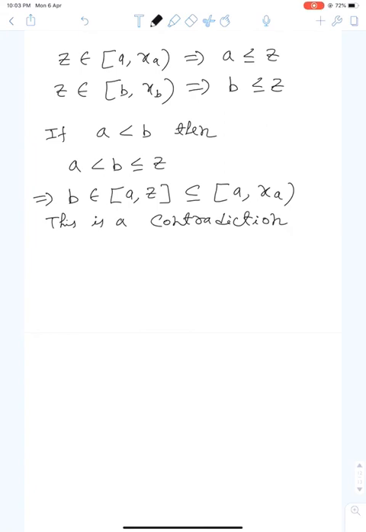Why is this a contradiction? As b belongs to B, but we know that this set does not intersect B.